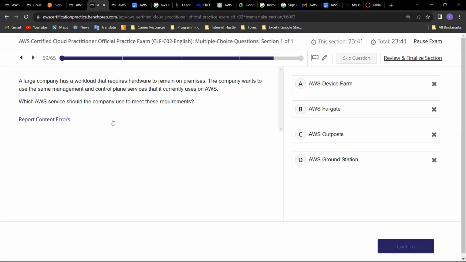Papes, which one is your answer? Okay, C. It also says C. Okay, C.